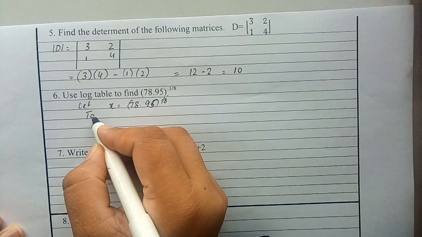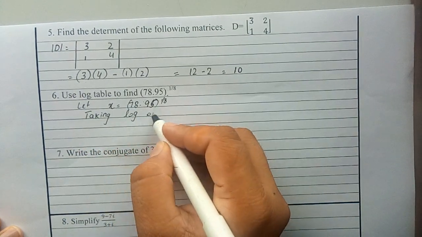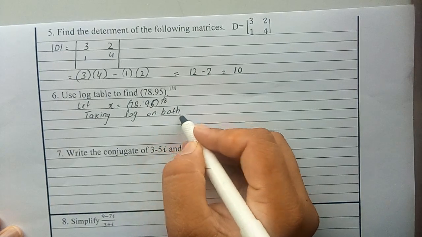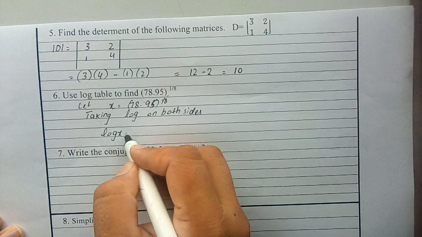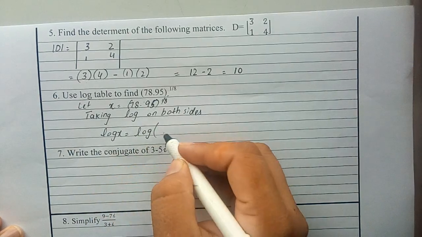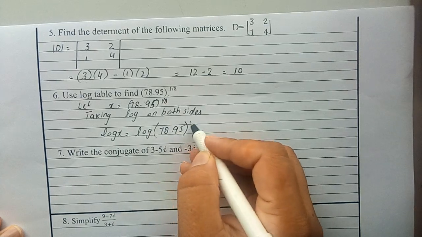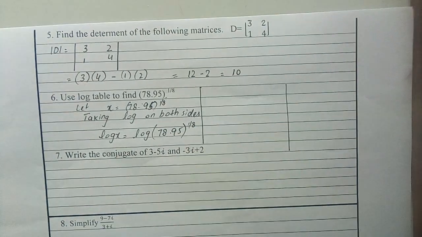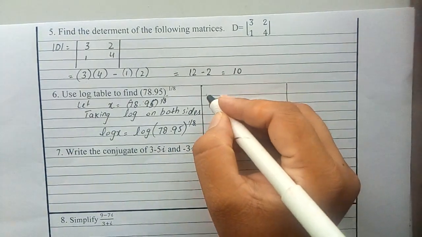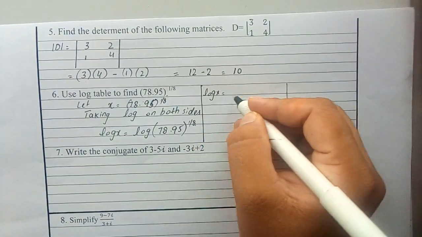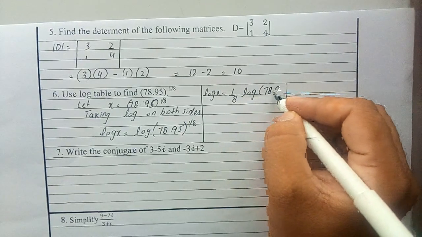Now taking log on both sides, that is log x is equal to log of 78.95 raised to power 1 over 8. We know in logarithm the power will be transferred to the constant term, that is 1 over 8 log of 78.95.